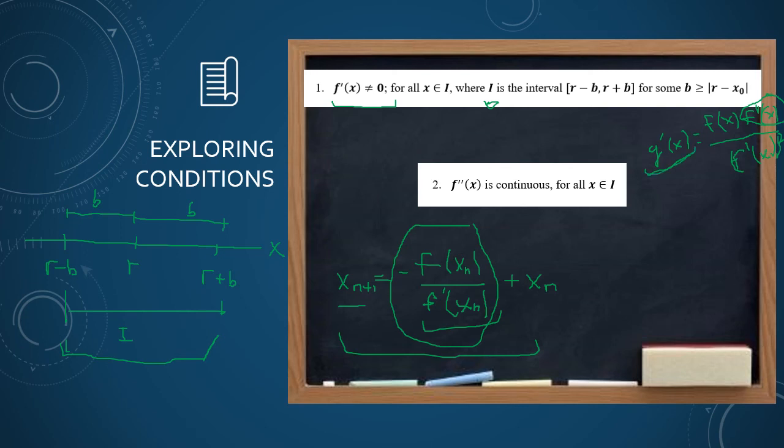If the assumption is true, if f double prime of x is continuous, then yes, our proof will hold. That's if all the assumptions are met. All the assumptions of a proof need to be met for that proof to be true, for any specific case. So that's one of the reasons why we need f double prime of x to be continuous for all x in the interval, and that interval is the same interval here.